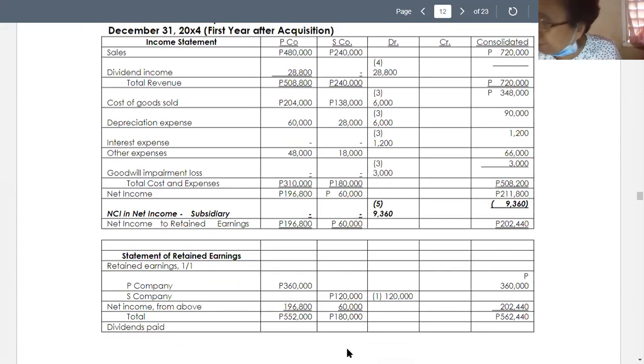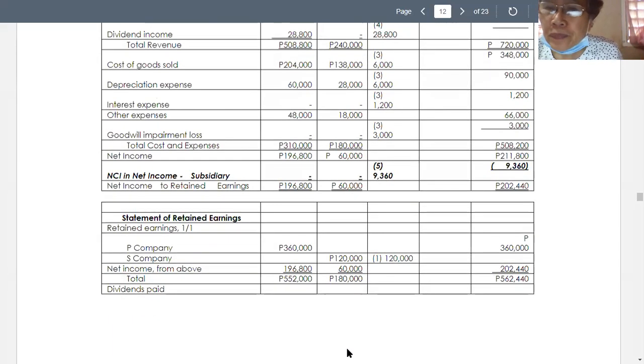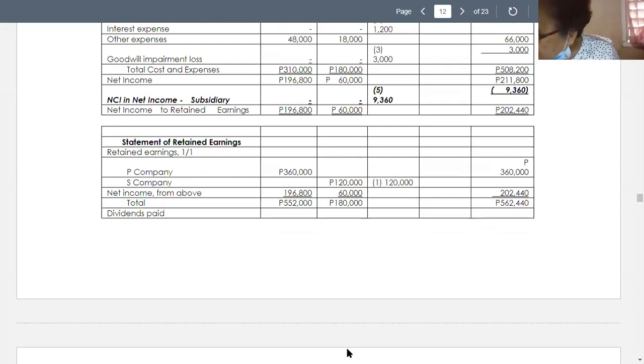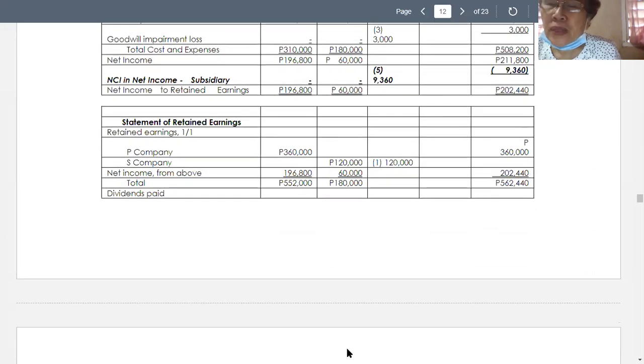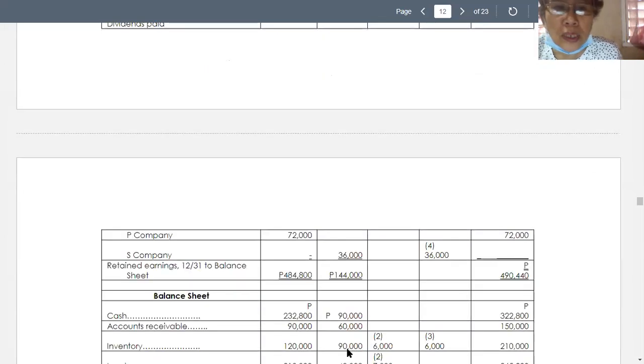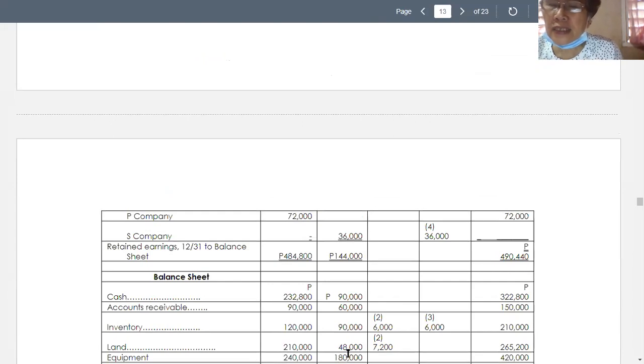We now get the 562,440. Then we deduct the dividends paid. Dividends paid amounting to 72,000. That's paid by the parent. So the retained earnings balance on December 31 is 490,440. Okay, so that's the last amount there.